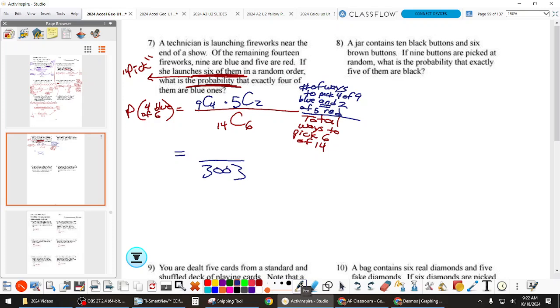Yeah. Alright, somebody do 9C4. We actually saw that a second ago. It was 126. 126, yeah. And then 5C2 is 10. 1,260. Hooray. See, I can fix my screw ups too. Good.